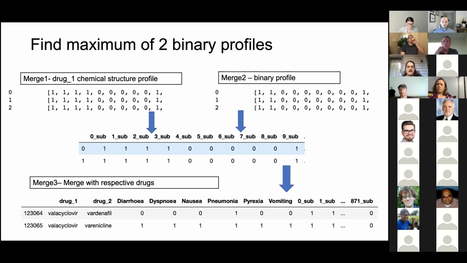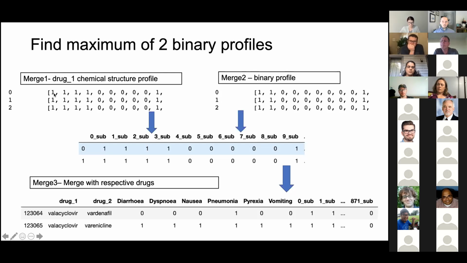And I had to simplify this again in such a way that there was only one chemical structure profile. This is not the best way to do it, but I felt this is a starting point where I can start with something and then change later on. So what I did is, when I have the chemical structure profile for drug 1 and drug 2, I took the maximum value between those two.